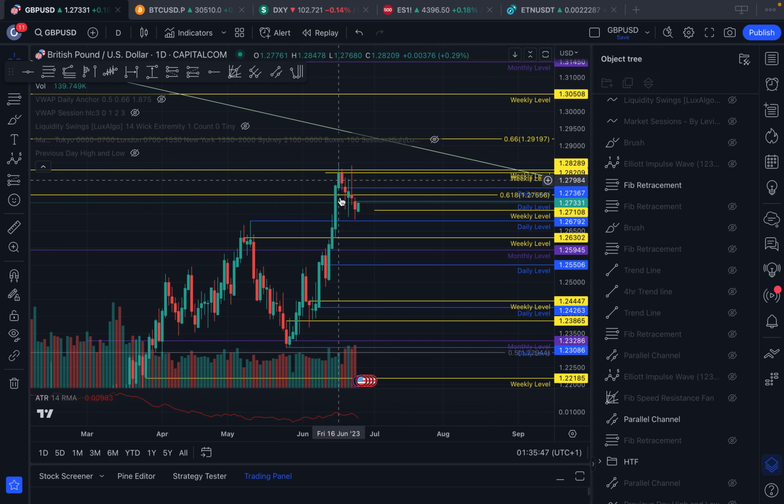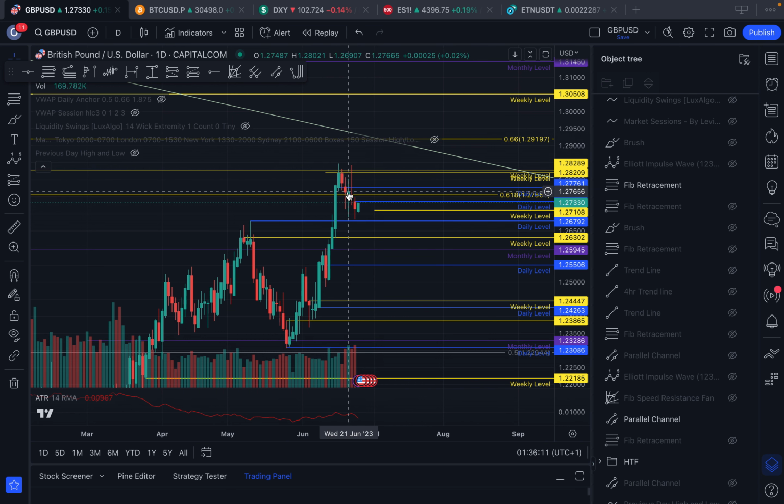But then again, you know what they say, the more times you hit a level, the weaker it becomes. So I don't see why not. If we hit this again, we're pretty much likely going to go through, because it will literally be the 4th time we're going to hit this level. And Thursday you could say it's just a pump up to down. But if we hit it again, we should go up. Okay, and that's the bullish scenario.